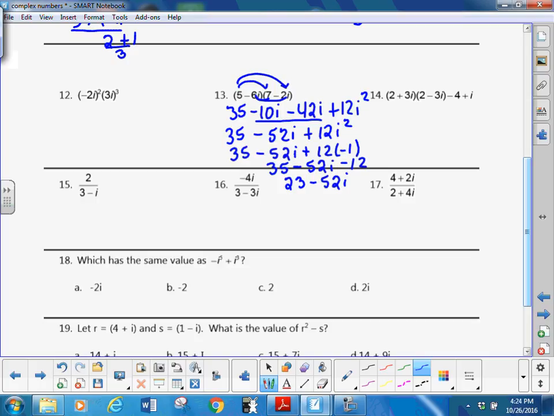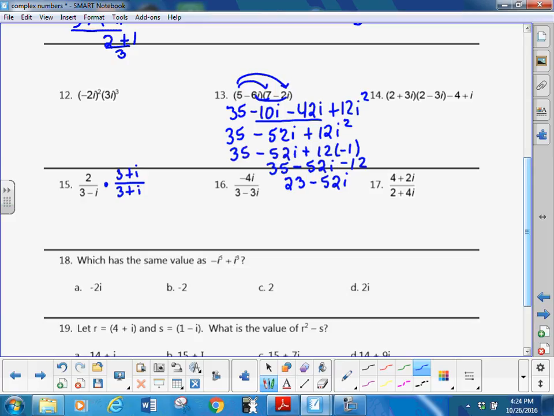For 15, all I have to do is multiply by its conjugate, which is what you look at in your denominator and change the sign. When I do the bottom, the denominator, I need to do the numerator as well.